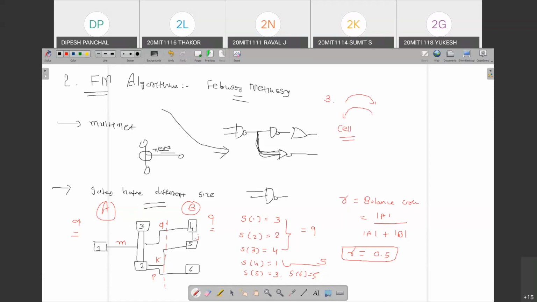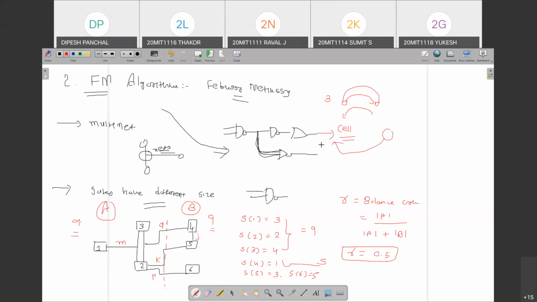While in the case of the KL algorithm, we have to swap a pair, let's say 3 and 5 interchange. But here only one node we are going to move, from here to here, or any other node from B to A. So this algorithm works on an individual cell, while the previous algorithm works between two cells, two nodes.